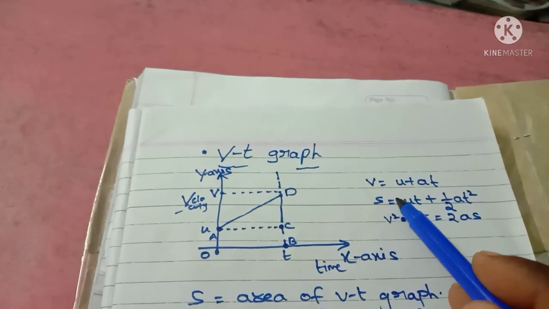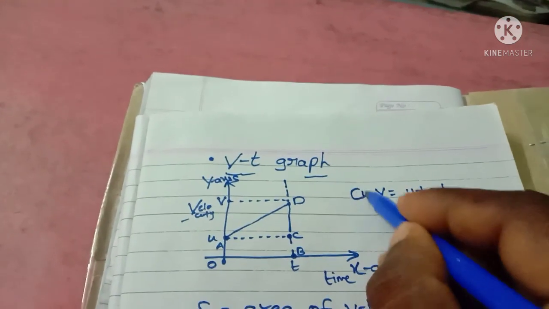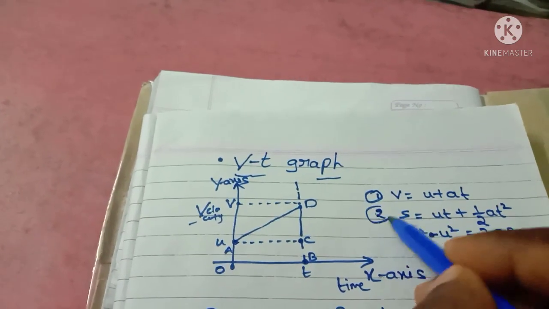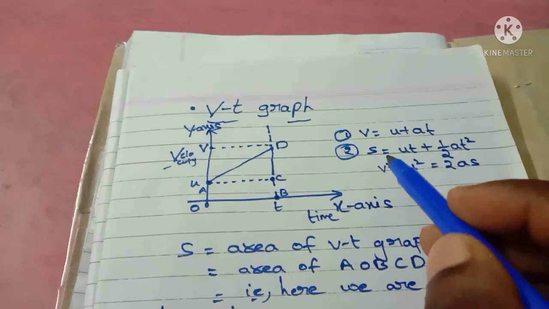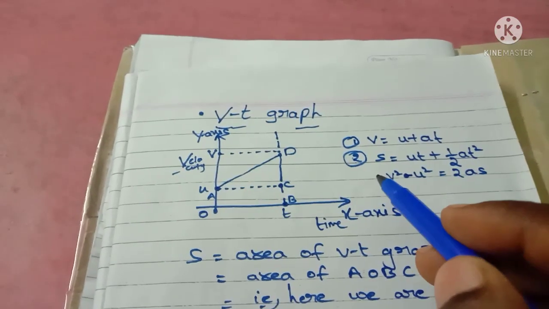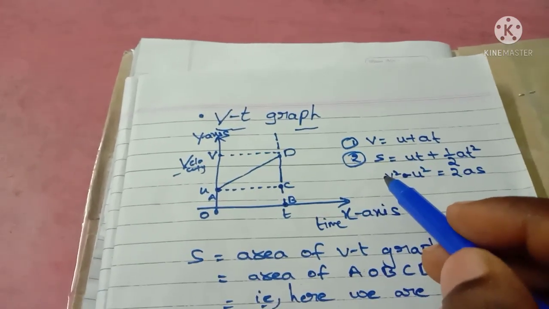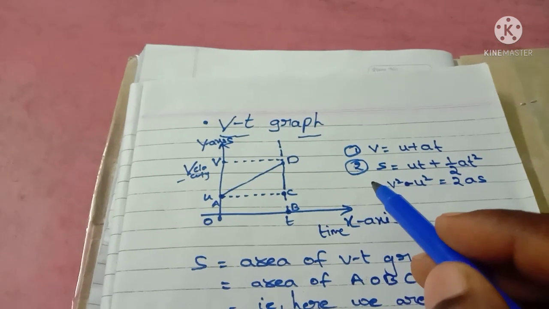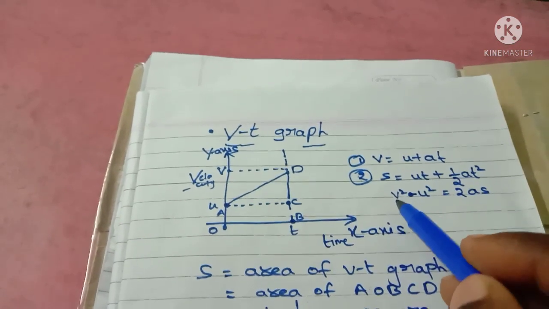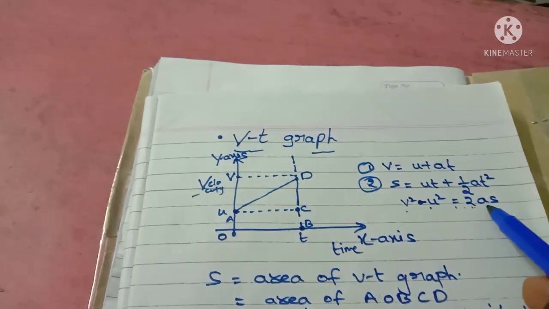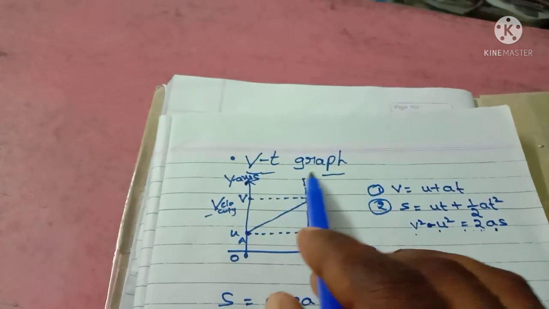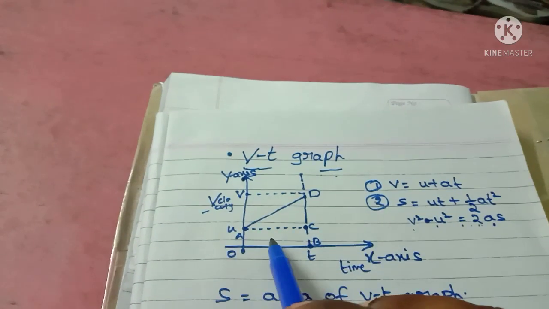These two equations, the first and second equation, I have derived in the live online class. But now in this class we will derive the third equation, that is v square minus u square equal to 2as, from the same VT graph which I already told you.